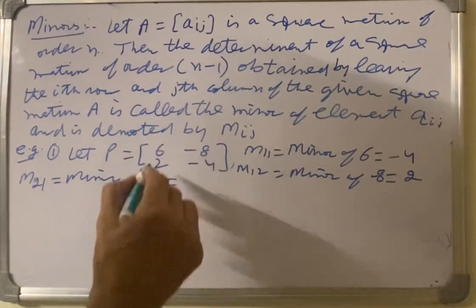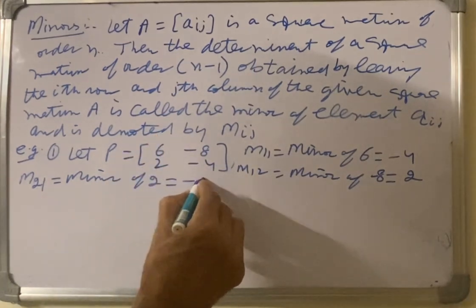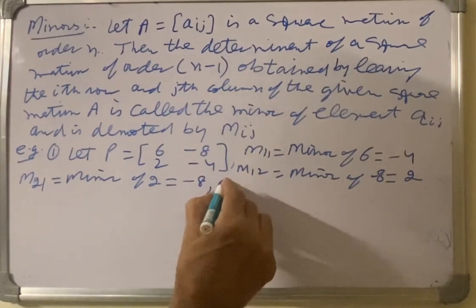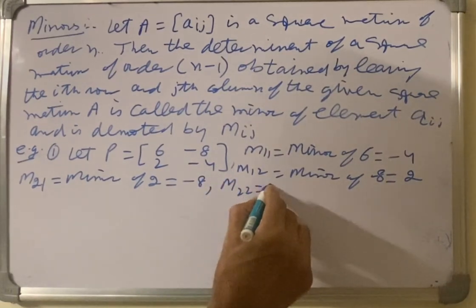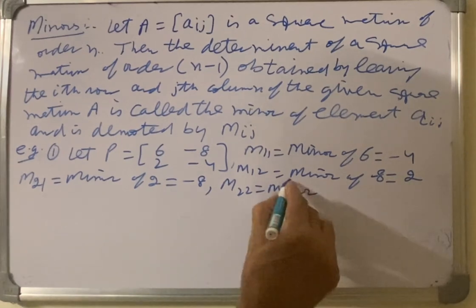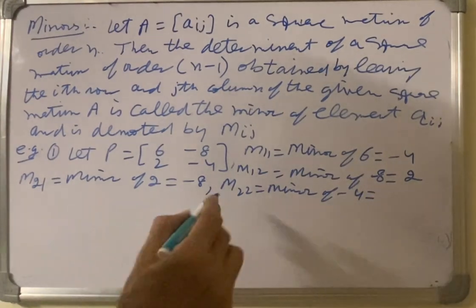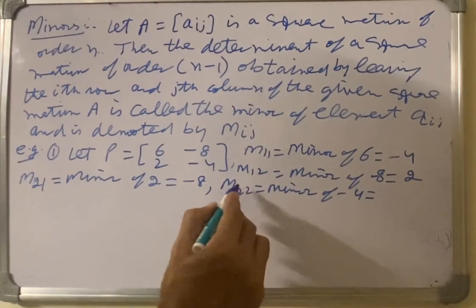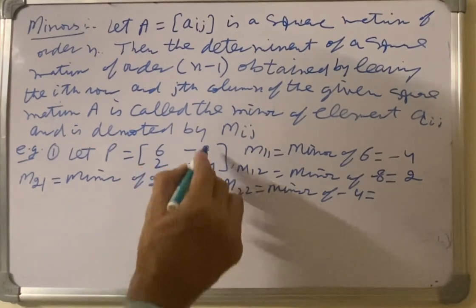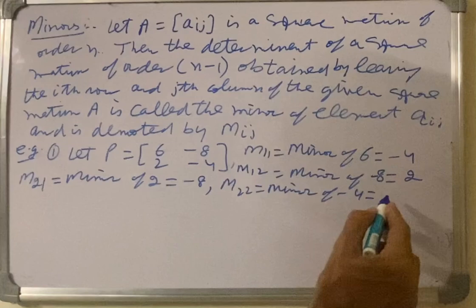This is second row and this is first column. We are left with minus 8. Then M22 is minor of minus 4. So M22 means you will leave second row and second column. We are left with 6.